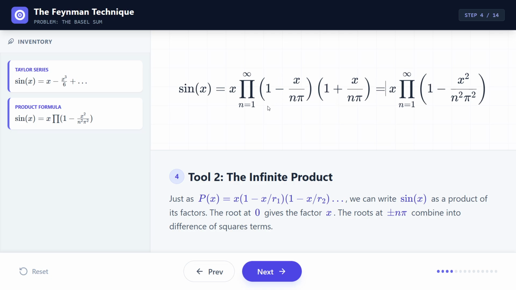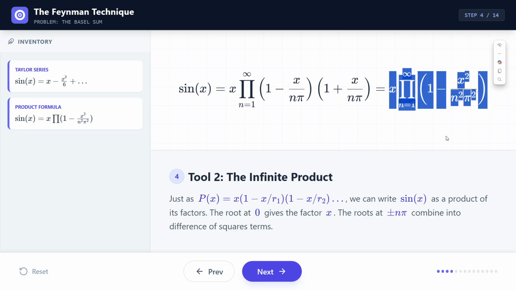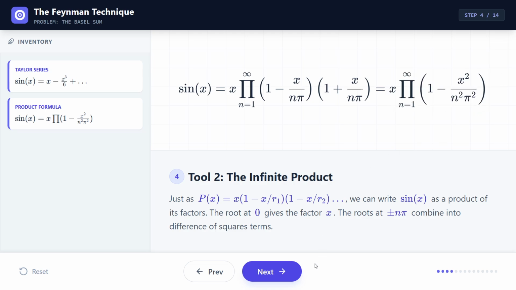We'll get a 0 here if we plug in positive n pi, and we'll get a 0 here if we plug in negative n pi, and we'll get a 0 here if we plug in 0. So this is the infinite product representation for sine x. That's probably new to some of you. But yeah, sine can be expressed as an infinite product or an infinite sum.